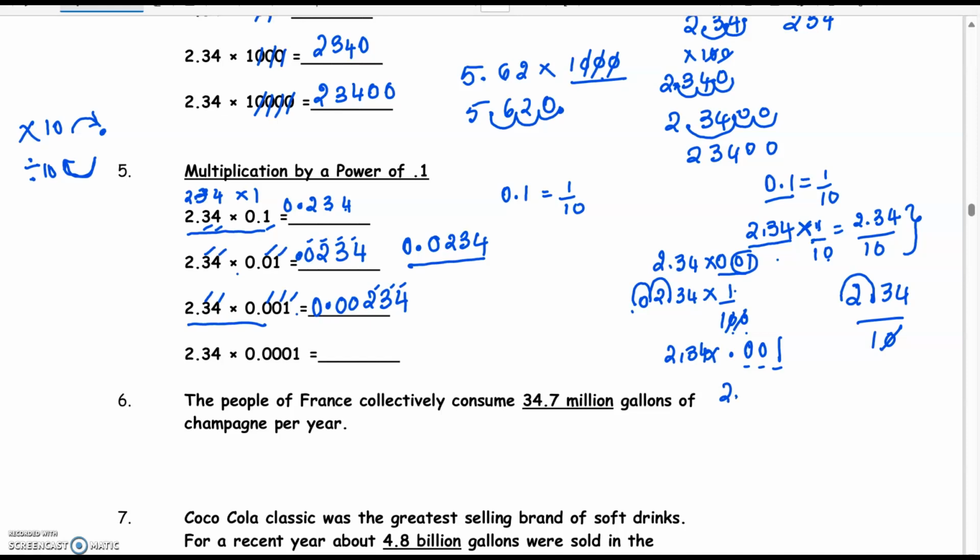So that is the same as 2.34 times 1 over 1,000. And when you divide by 1000, you shift to the left by 1, 2, 3 decimal place values, and you get the same answer.